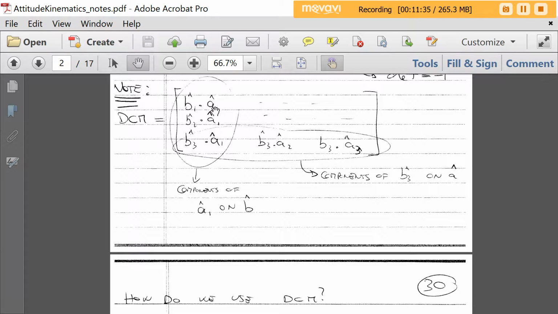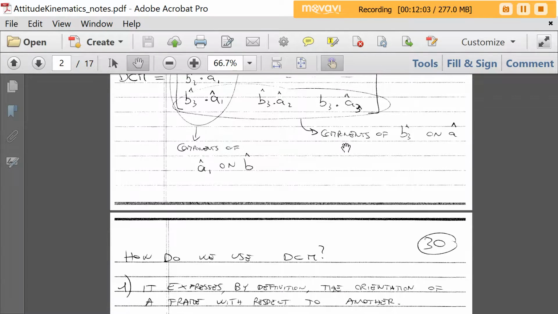Now I'm changing nomenclature again, but these A1, 2, and 3 are the bases of the frame A, and B1, 2, and 3 are the bases of frame B. So the columns will be projection of A1 on the B basis, A2 on the B basis, A3 on the B basis. If I go by rows of the DCM, I have projections of the B basis into A. So first row is B1 projected in A, B2 projected in A for the second row, and so on and so forth. Well, that's only 3 of them.